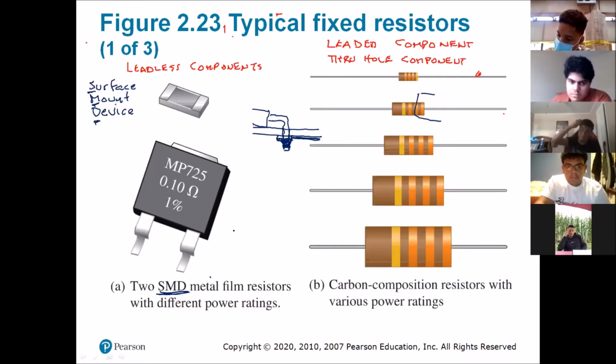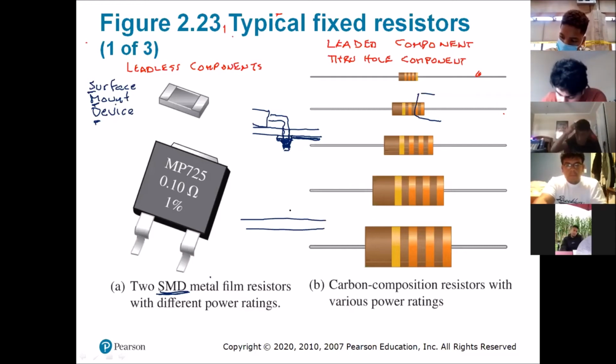And the way a surface mount device works is, now what we've got is our circuit board and we've got our copper on the surface of the board, but now it's usually on the top. So there might be copper there, and we might have copper there.